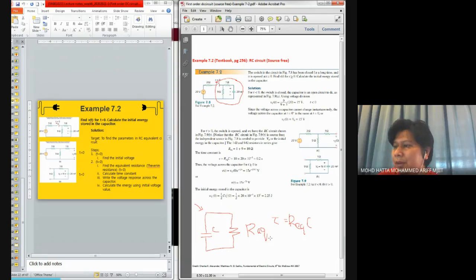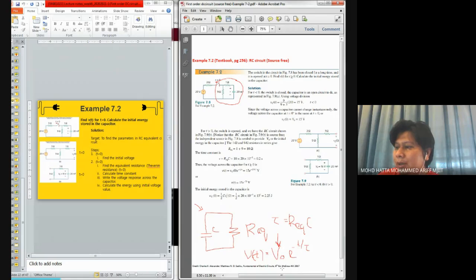Okay, before we get into that one, we know that for voltage response, this is given by V of t equals V naught e to the power of negative t over tau. So here, we need to calculate the value of our V naught, or initial voltage.